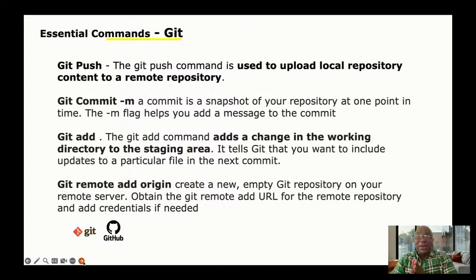Now the next command we're going to be seeing in today's exercise is git commit -m. Git, I said, is a version control system. It helps us to track changes in text files. Whether you like it or not, all software packages are written in text documents.